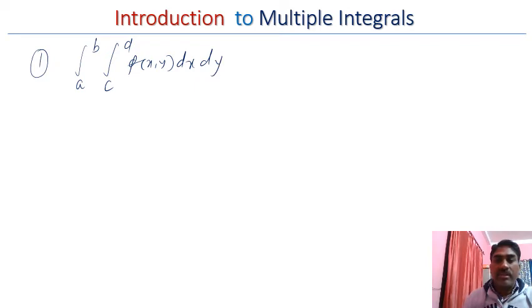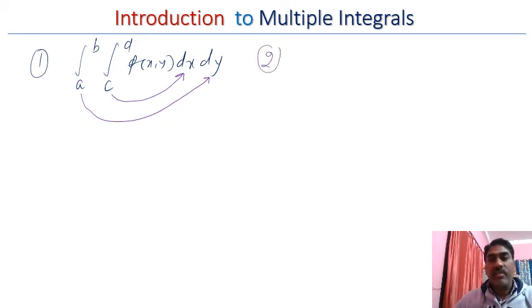Here we will take the limits in the order of the integrals, meaning c to d will be the limit of x and a to b will be the limit of y, and in this form you can integrate with respect to any variable first and the other second. Means you can integrate first with respect to x, then with respect to y, or you can integrate first with y then with x.